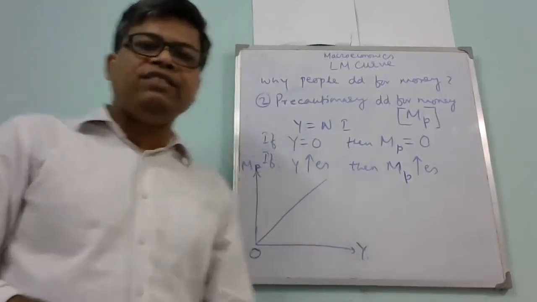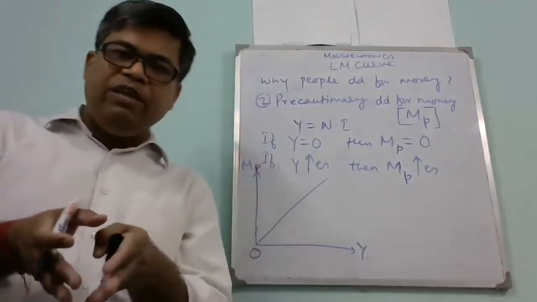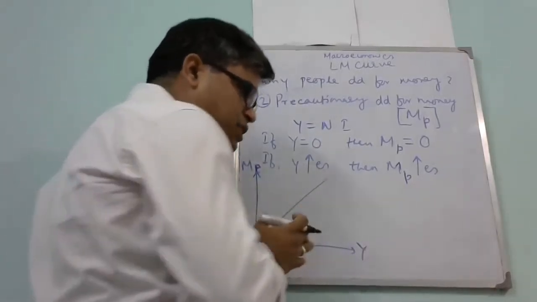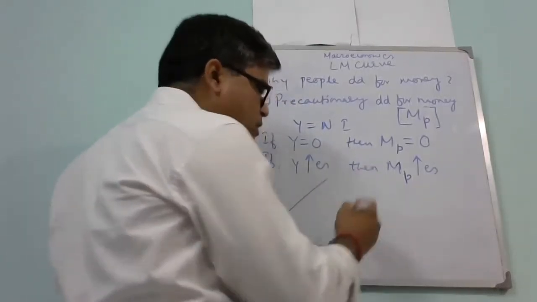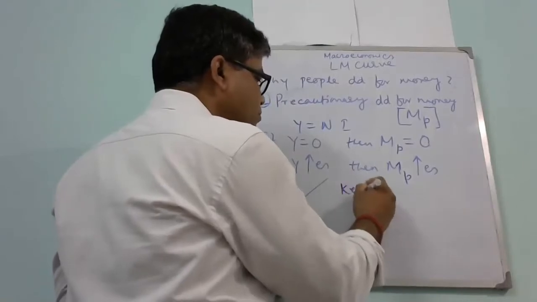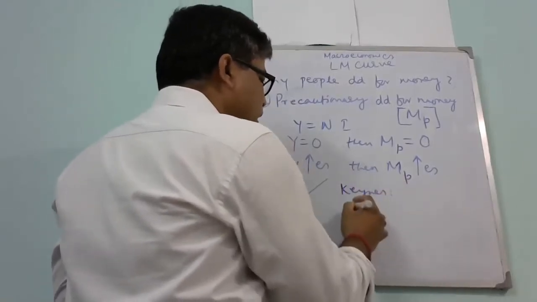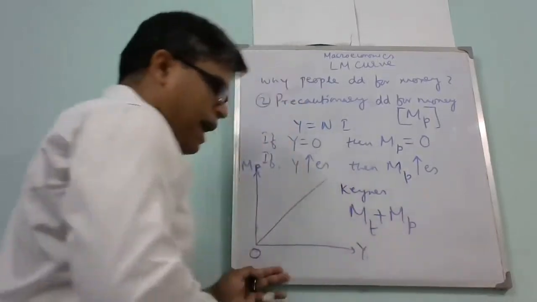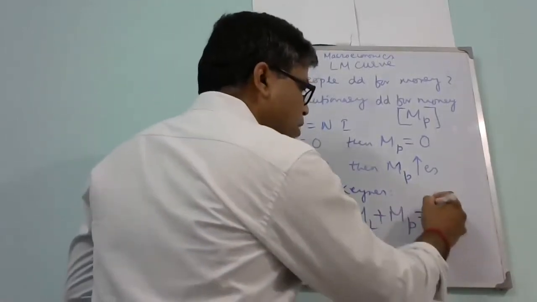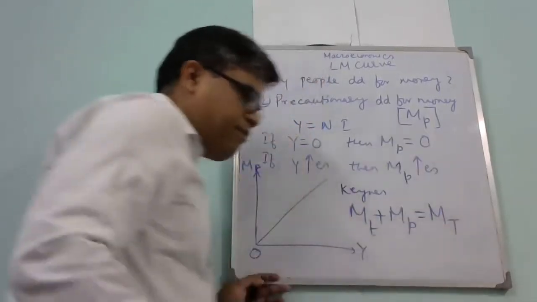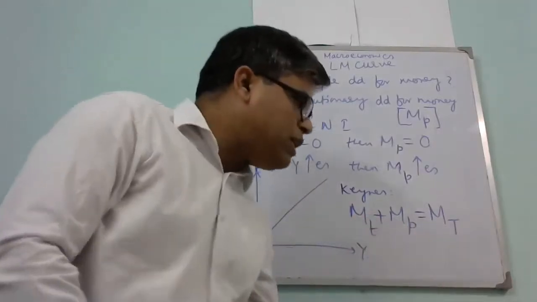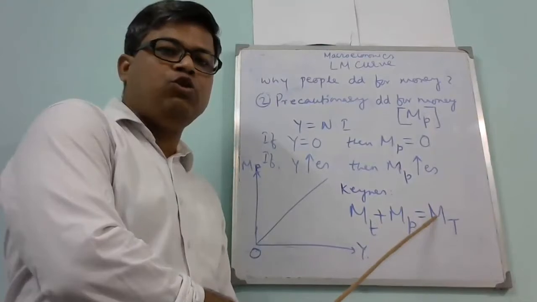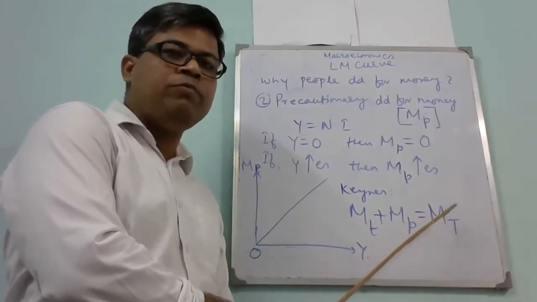Since both have a positive relationship with y, Keynes added these two. According to Keynes, MT plus MP added is called M capital T, MT. This is called the total transaction demand for money.